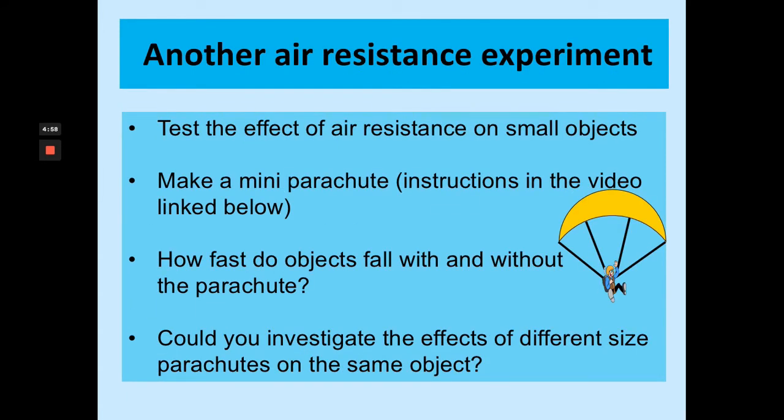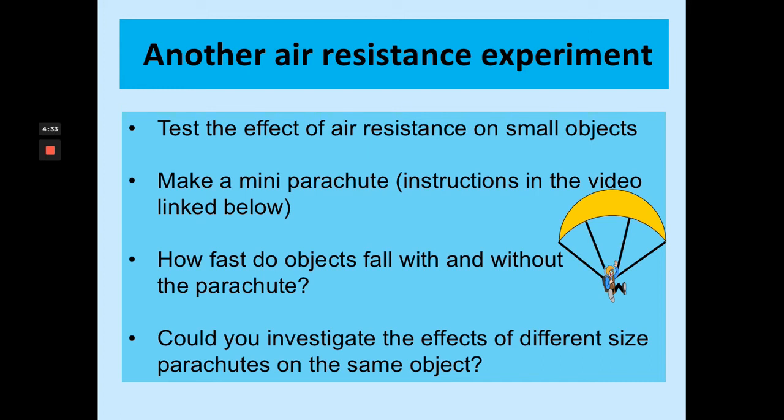If you're really enjoying learning about air resistance, there is another investigation that you could do. You don't have to do this, just if you'd like to do a little bit more investigating. So what you could do is test the effect of air resistance on small objects. So you can see in our little picture, there's a little man attached to a parachute.